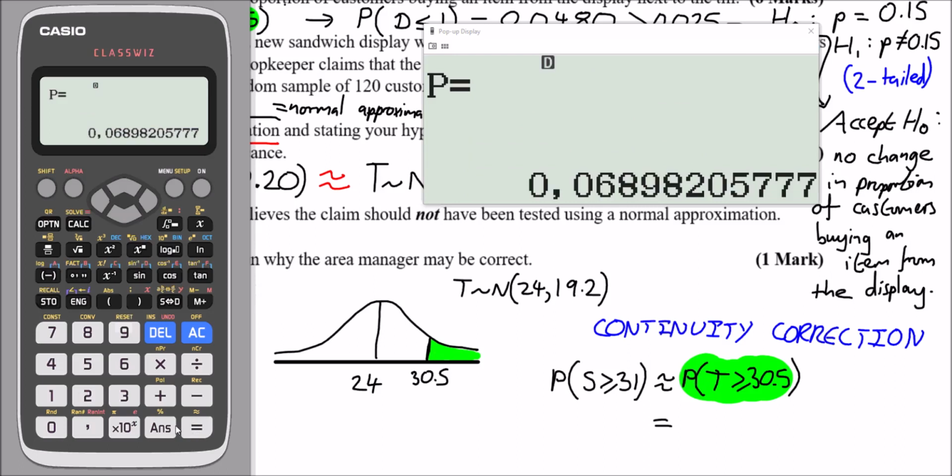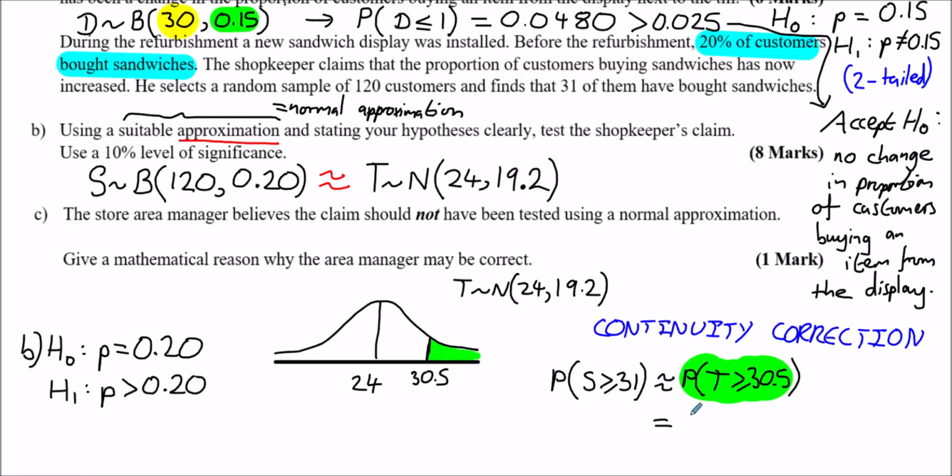And we then get a probability of 0.06898, so about 0.0690. Now importantly, this value here, sorry, is less than the critical value for the significance level.